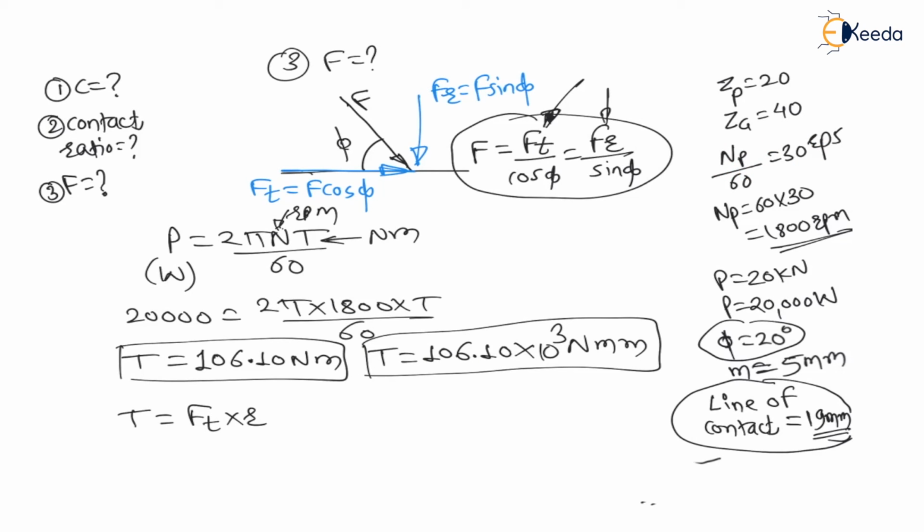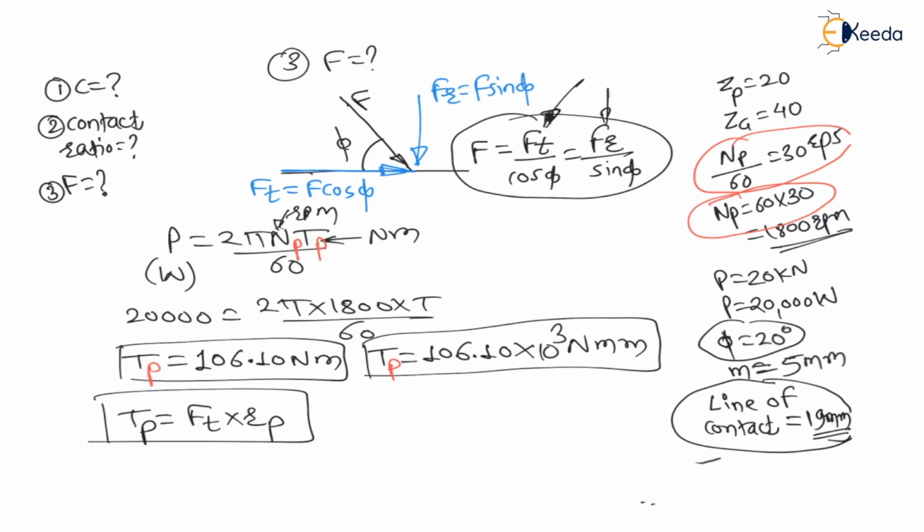Speed of the pinion, N p, is given, so this is the torque transmitted by the pinion. Therefore for this torque we have to consider the radius of the pinion only, don't consider the radius of the gear. This is very important, right? Hence we can say tangential force Ft is equal to torque transmitted by pinion divided by radius of pinion.